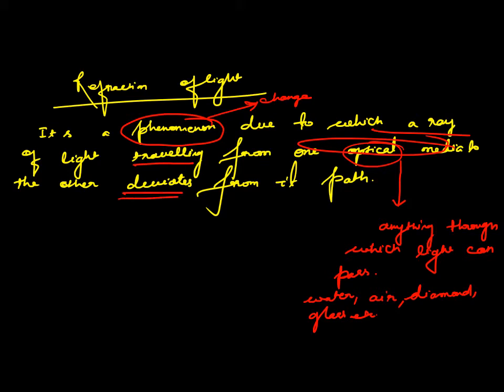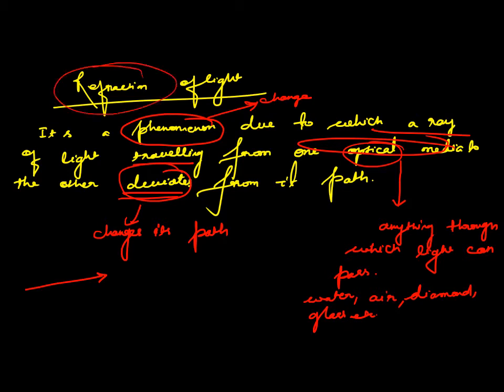The ray of light deviates, changes its path. It doesn't move in the regular path that it has to go for. We know that light always travels in a straight line. But rather than taking a straight line, it tends to move in a changed path, and that is what we call as refraction.